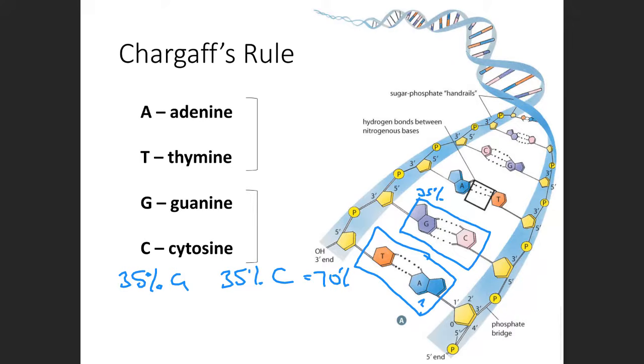Now, out of 100%, that means 30% must be made of equal amounts of adenine and thymine, which means we have 15% thymine and 15% adenine.